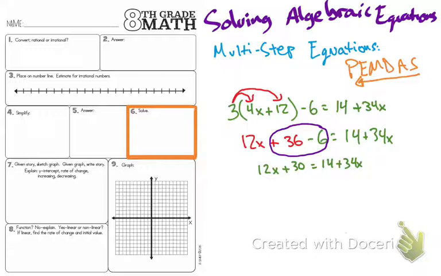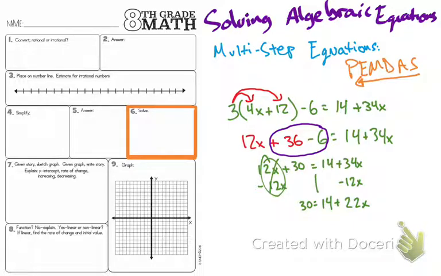So I'm going to move the 12x's to the side that has the 34x's, and just like we've done before, I'm going to do that by getting rid of those 12x's on that left side, and I'm going to do that same thing on the right side. That's going to give me 30 equals 14 plus 22x.